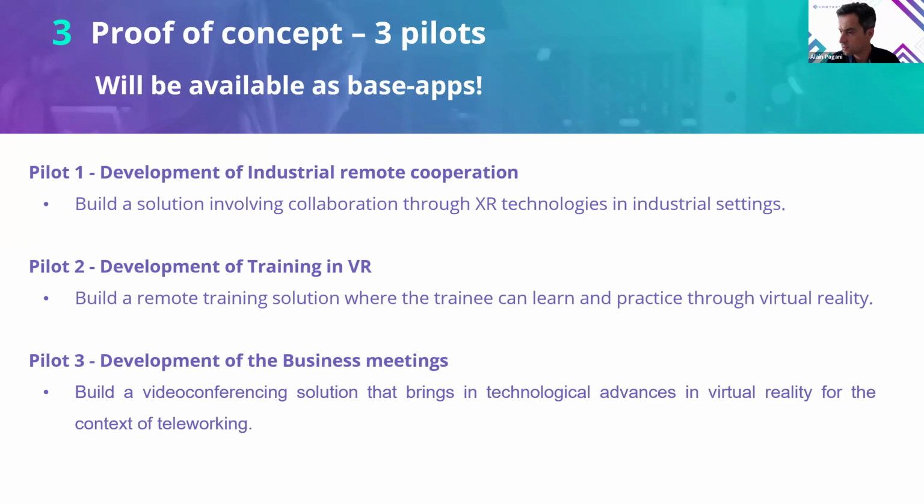The 3 pilots that I also presented in the first presentation are the development of an industrial remote cooperation, the development of a training in VR, and the development of business meetings. I will now go over each of the pilots to explain how they are integrated into the architecture.